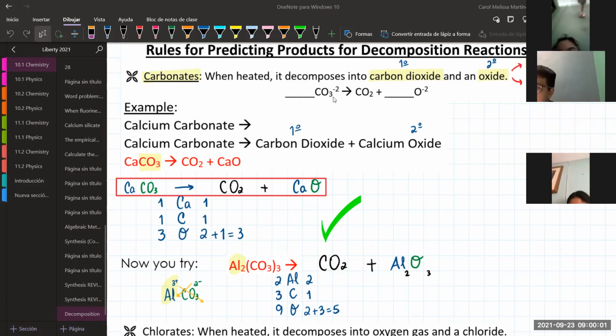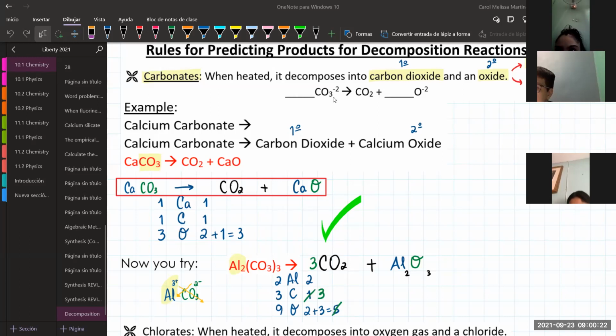I need to start balancing. This one is already balanced, so I continue balancing carbon. Because I need to balance carbon, I need to place 3 in front of the carbon. Now my carbon is balanced. But this 3 also changes my oxygen. Now I don't have 5 oxygens anymore.